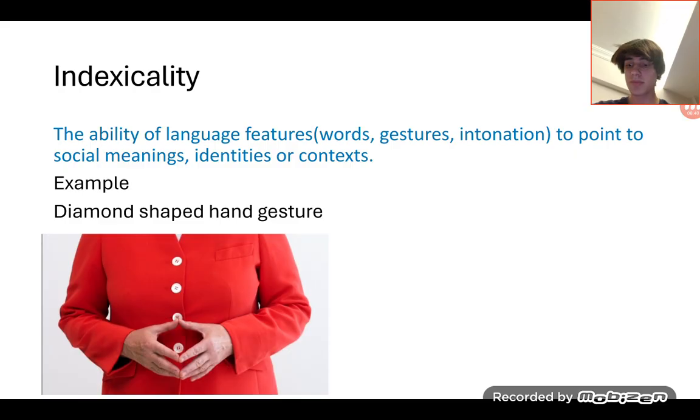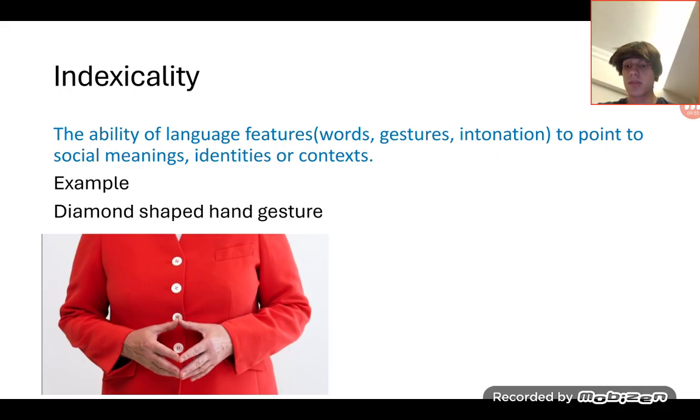Indexicality. What indexicality means is the ability of language features like words, gestures, and intonations to point to social meanings, identities, or contexts. A great example for this might be the diamond-shaped hand gesture.